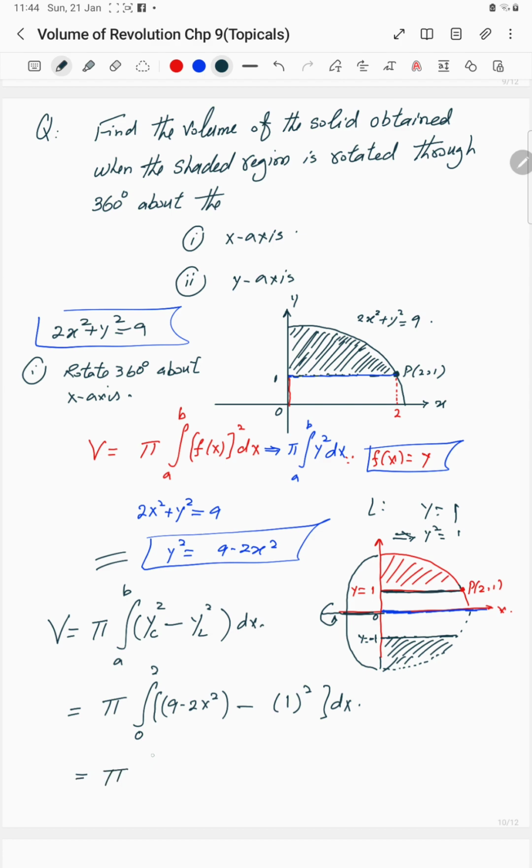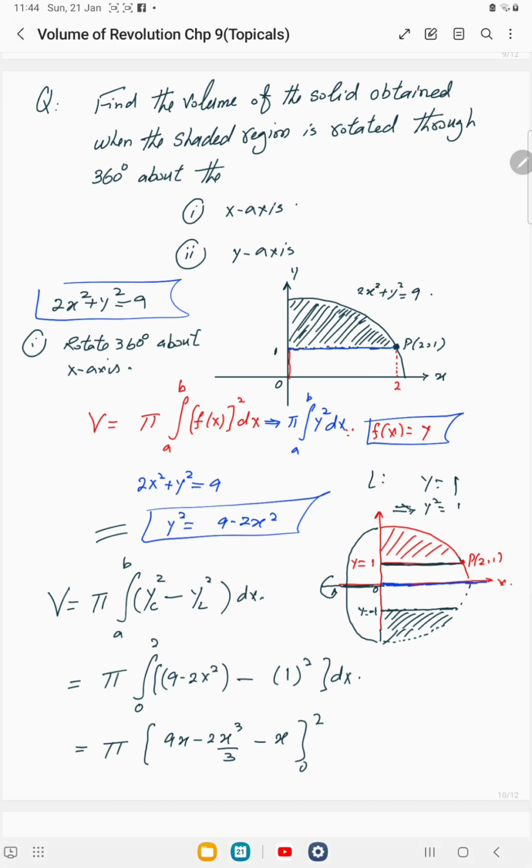So apply the integration rule: 9 becomes 9x, 2x squared becomes 2x cubed by 3, and 1 squared is 1, which becomes x, with limits 0 to 2.